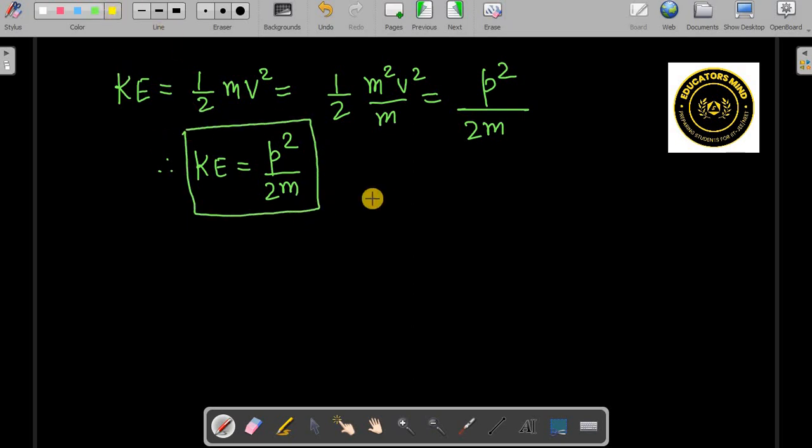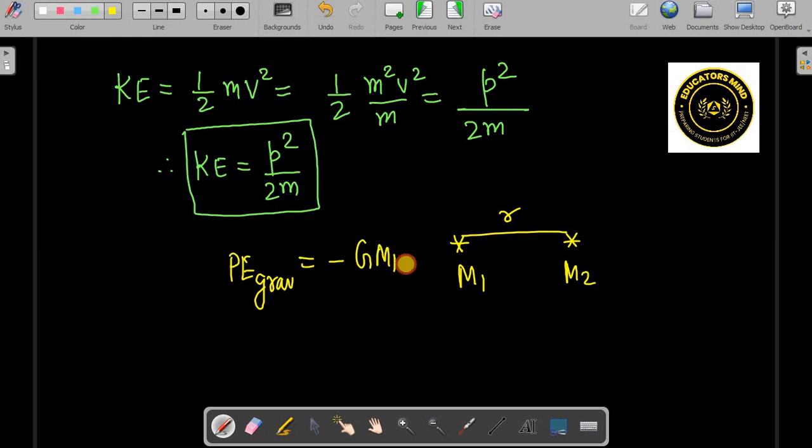Okay. Then coming to potential energy between two point masses, it is given by Newton's laws. This distance is r. So the gravitational potential energy is given as minus G m1 m2 by r.